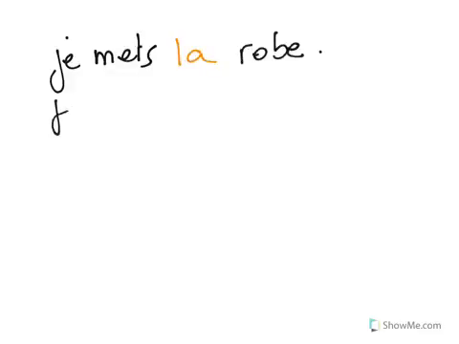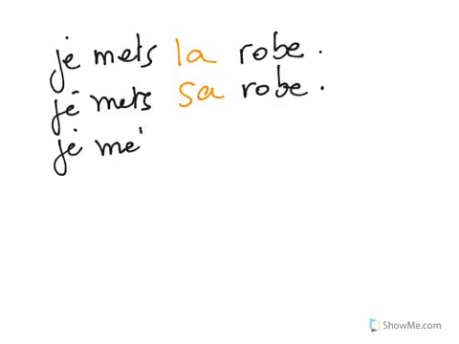Now, if it's a feminine one, let's do I put on the dress. Je mets la robe. Or je mets sa robe. I'm putting on her dress. Or je mets cette robe, this dress.